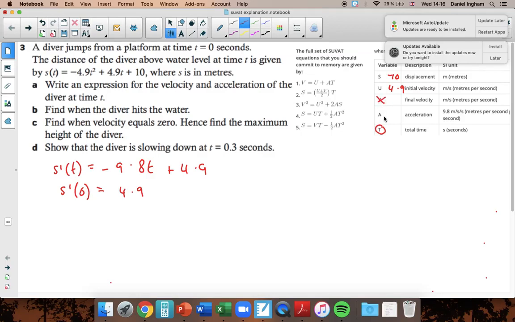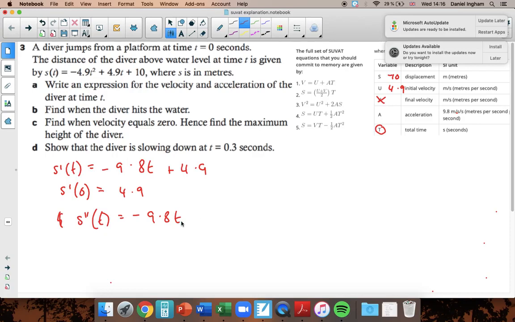Now the acceleration is given here as 9.8 meters per second squared, and that's the gravitational acceleration on Earth. Okay, and these numbers in this formula haven't come about by accident. If we found the second derivative of t, it's negative 9.8.